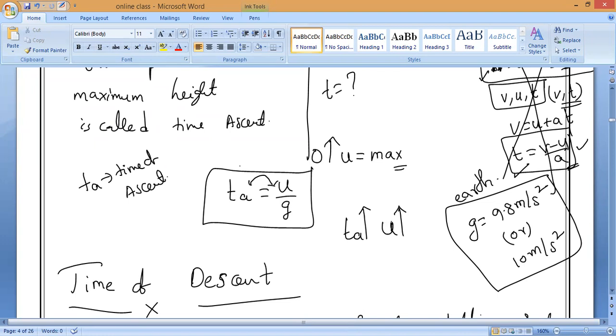Harish's, sir. More initial velocity, more time of ascent. Less initial velocity, less time of ascent. So the time of ascent is directly proportional to the initial velocity. Is it okay, everybody?